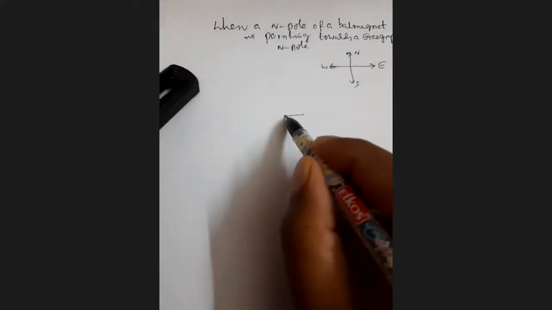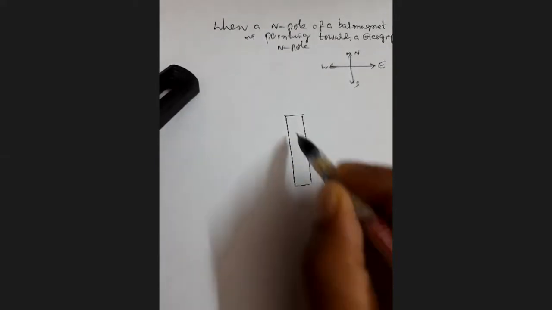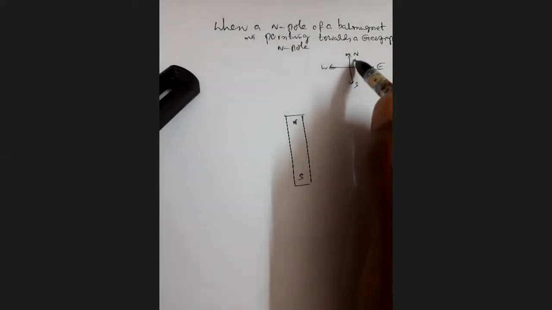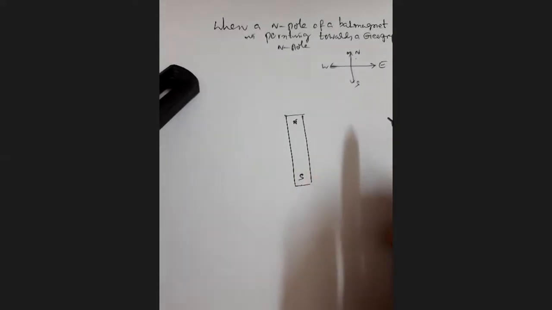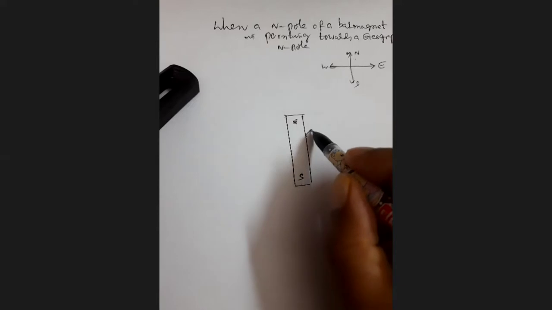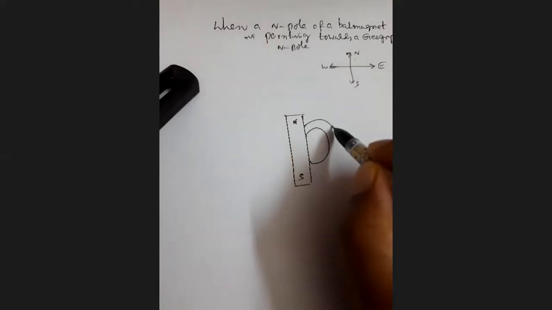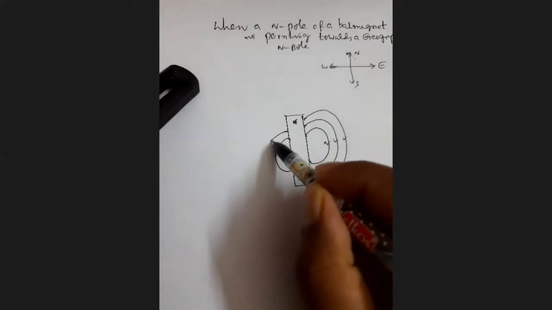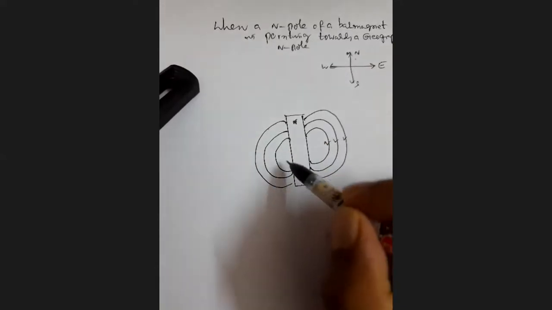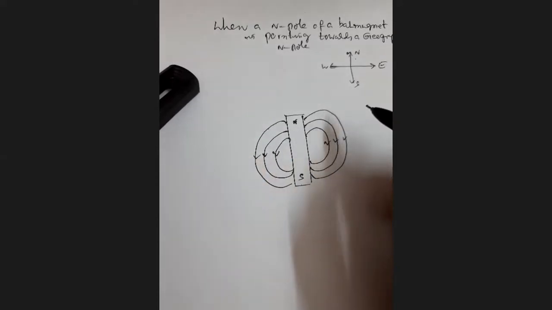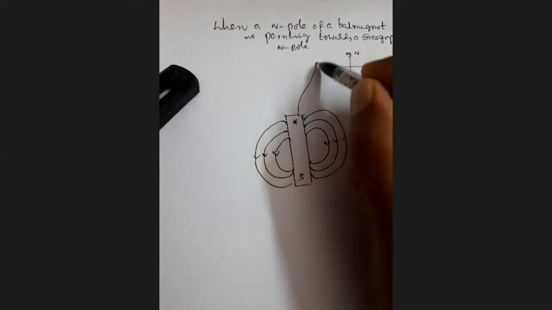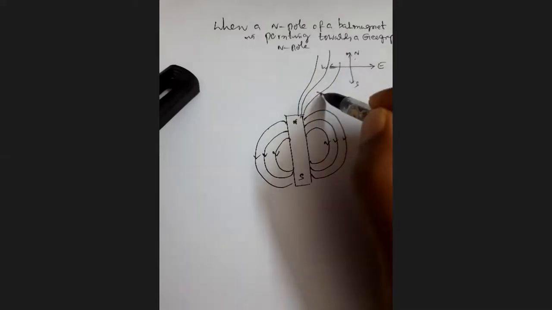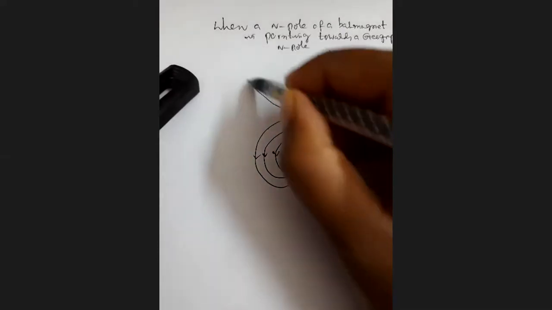The bar magnet's north pole is pointing towards geographical north, and the south pole pointing towards geographical south. Then the lines of force due to the resultant of two magnetic fields, that is the magnetic field due to the bar magnet and the Earth's magnetic field, the resultant field will become like this. Hence, the resultant magnetic lines of force are oriented like this.